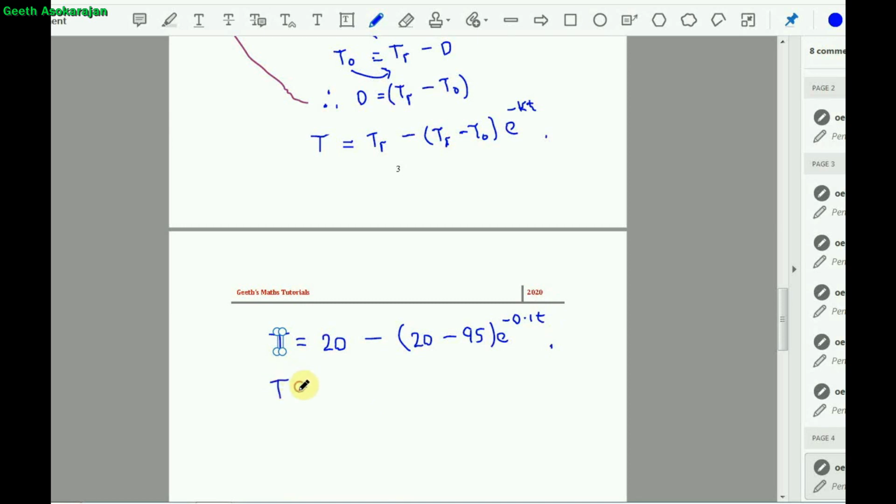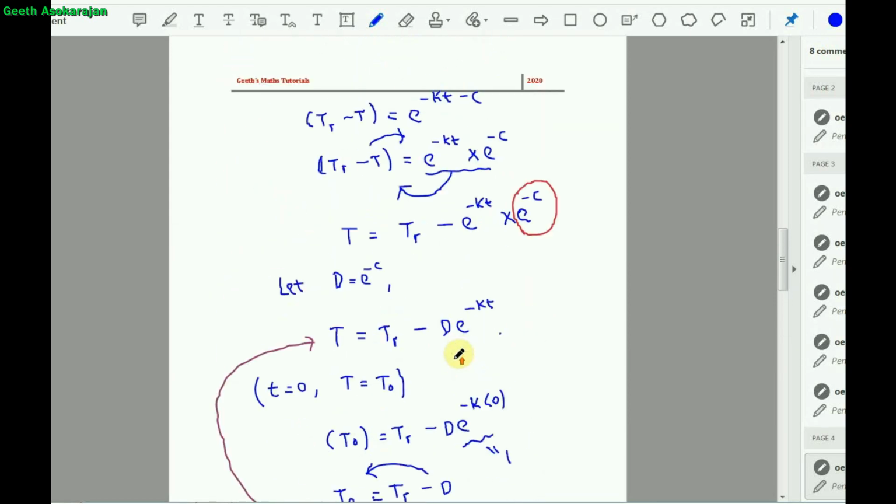If we simplify this, we're going to get 20. 20 minus 95 is minus 75. Minus 75 times this minus in front is plus 75 e to the minus 0.1 t. So here is the temperature of our object capital T as a function of small t, the time.